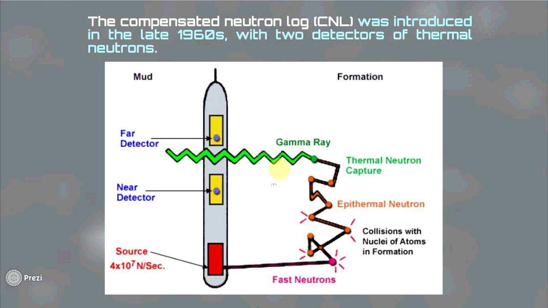The compensated neutron log uses two detectors, a near and a far detector, as you see in the picture. An estimate of the size of the neutron cloud around the source is calculated based on the ratio of the count rates at these detectors. The two-detector log counts both epithermal and thermal neutrons.